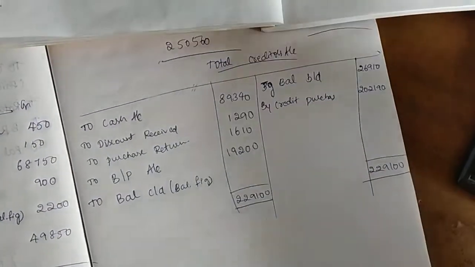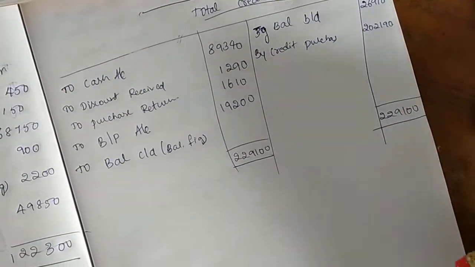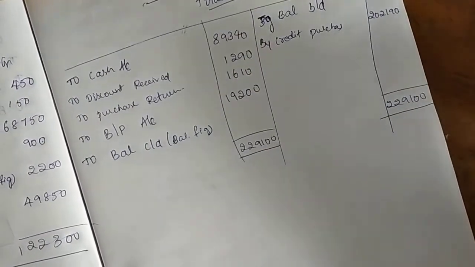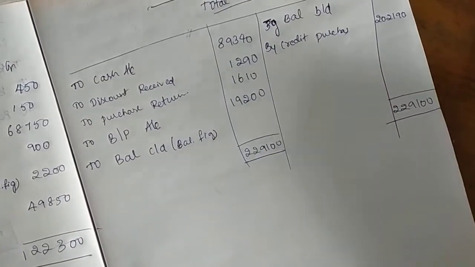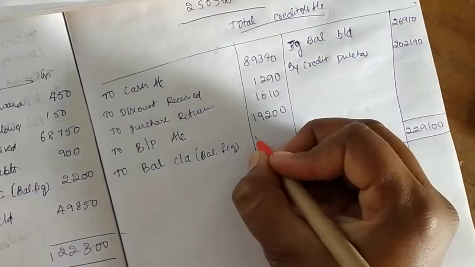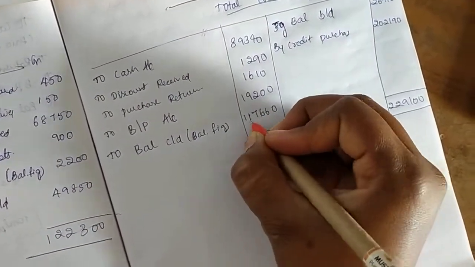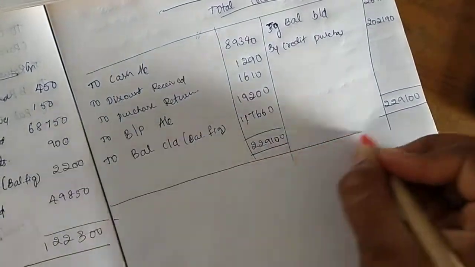So we have to minus 89,340, minus 1,290, minus 1,610, minus 19,200. The balance is 1,17,660. This is the balancing figure of total creditors account.